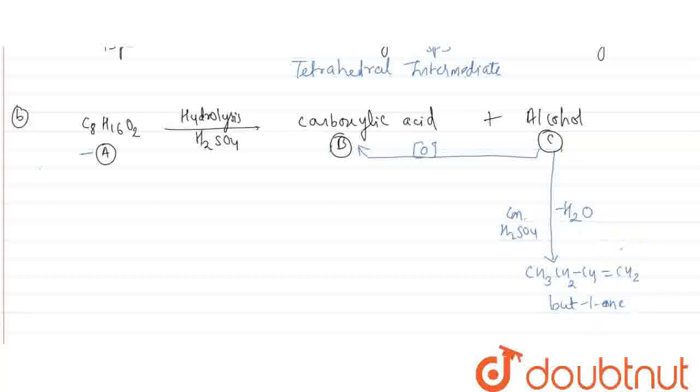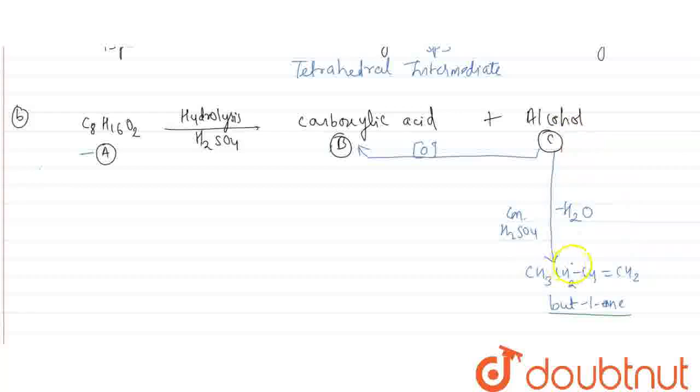Okay, now we have to determine first the structures of A, B and C, then we will have to write the equations. Now from this alkene what are we getting? We are getting that the alkene formed is terminal, and it is only possible when the alcohol is a terminal alcohol.